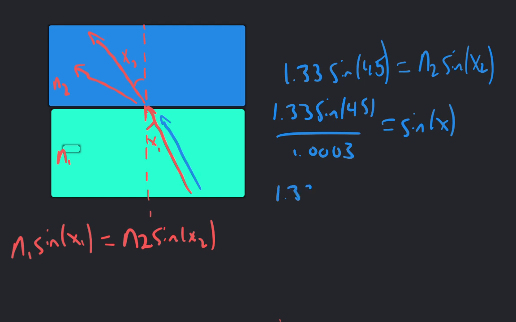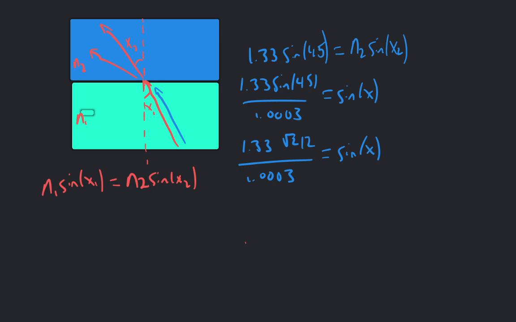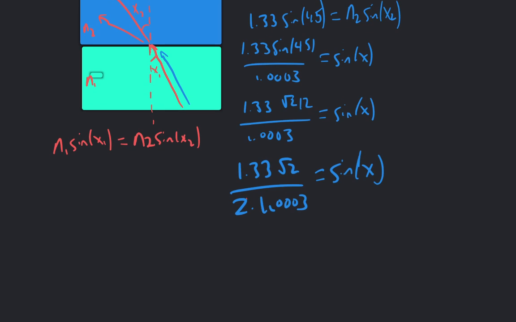So 1.33 times root 2 over 2, and when we find out what this value is, it's approximately 0.94.